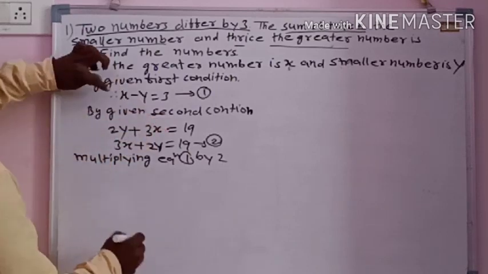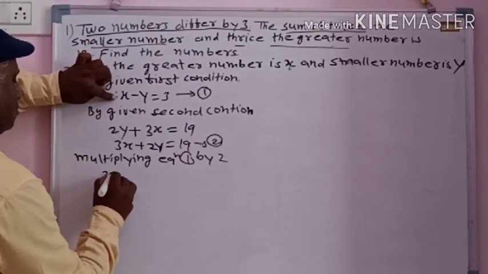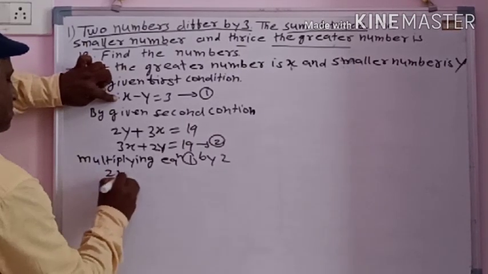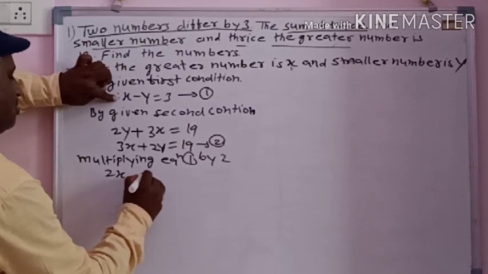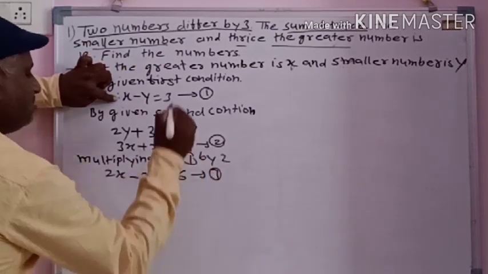Multiplying equation 1 by 2: 2x minus 2y is equal to 3 into 2, which is 6. This is equation number 3.